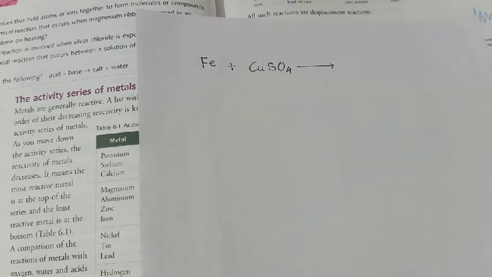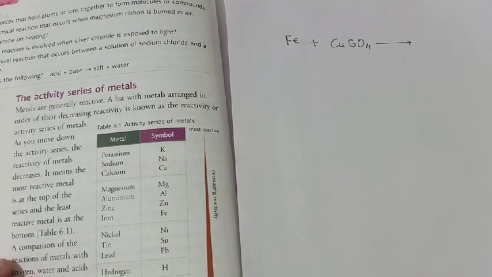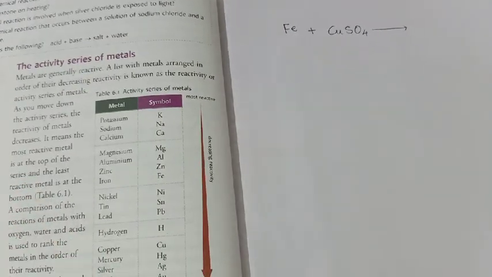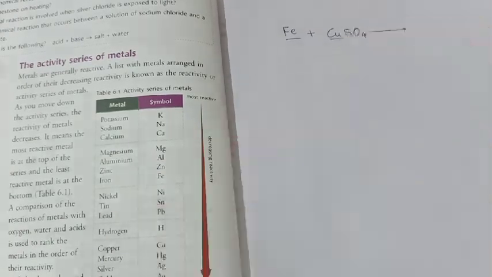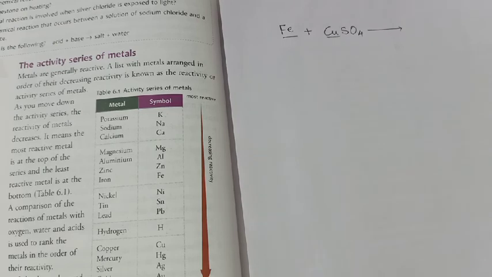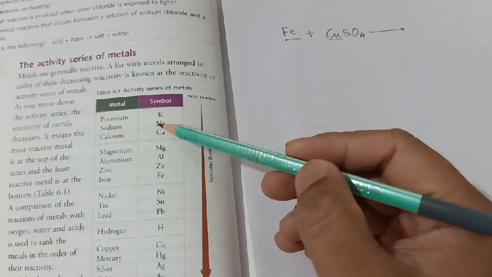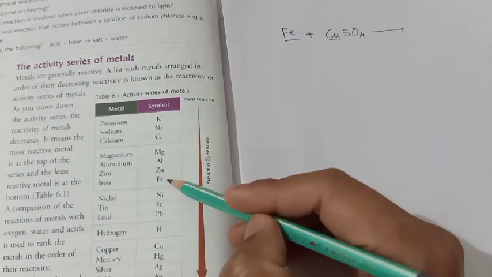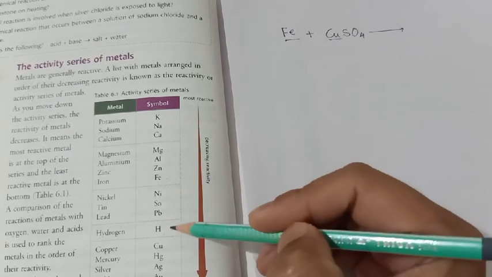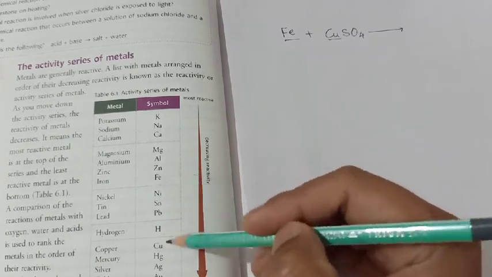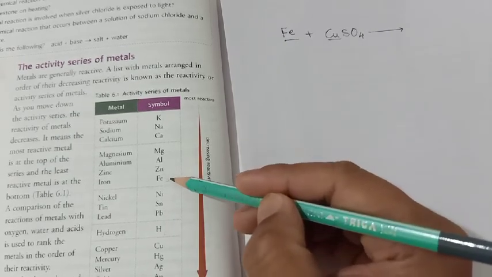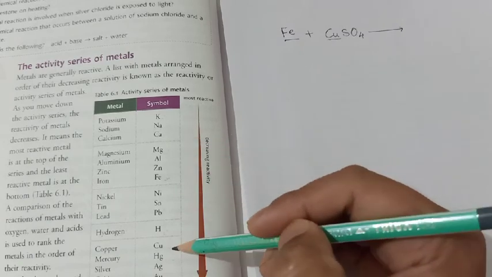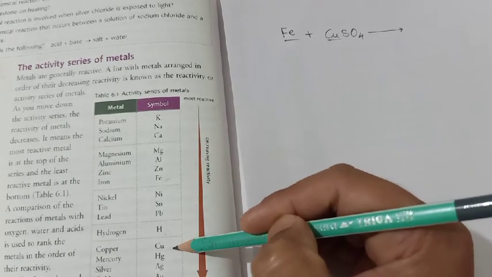Now let's go back to the activity series and check the reactivity of these two metals. Here we have iron and copper, two metals involved. Where do we find iron? Here. And where do we find copper? Below hydrogen. Now if we compare their positions, which one is at the top? Iron is at the top. That means iron is more reactive than copper, more powerful than copper.